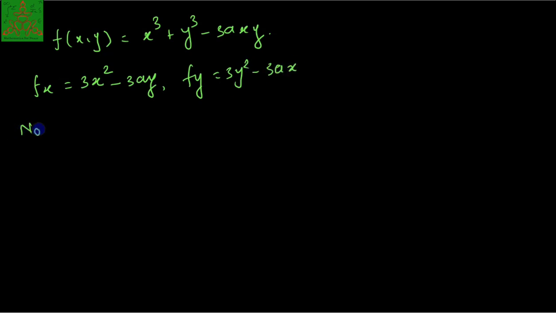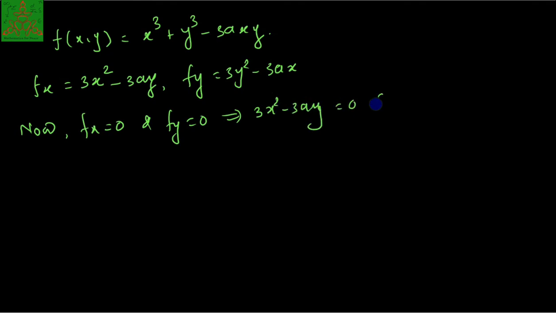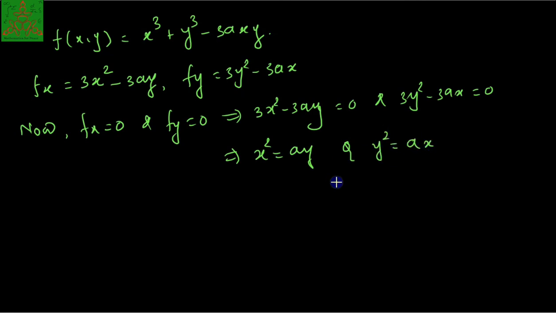So now you have to solve fx equal to 0 and fy equal to 0, which gives you 3x squared minus 3ay equal to 0 and 3y squared minus 3ax equal to 0. So this implies x squared is equal to ay and y squared is equal to ax.